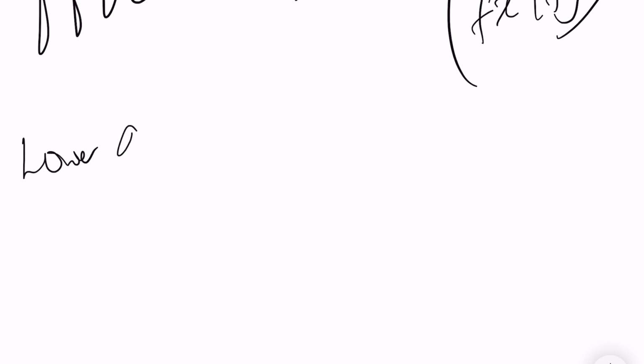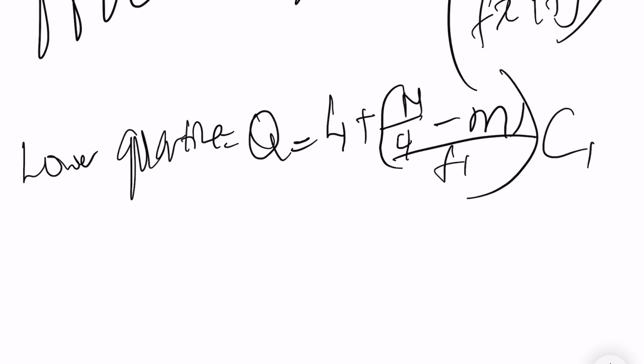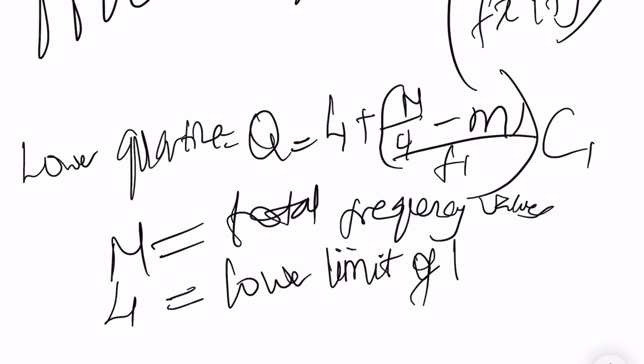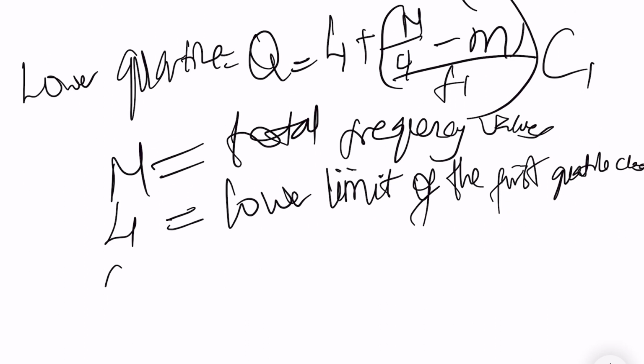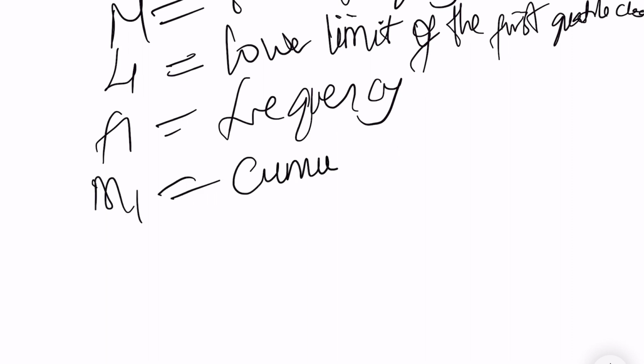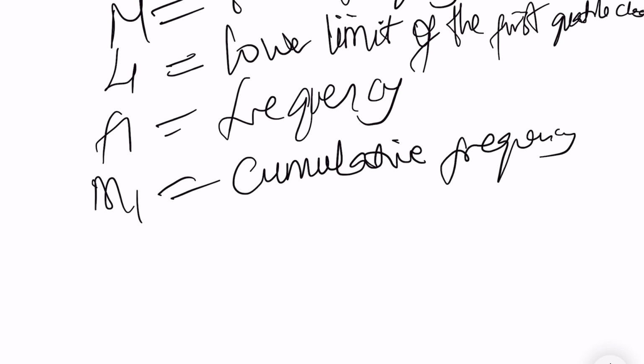The lower quartile is represented as Q1, which is L1 plus (N over 4 minus M1) over F1, times C1. Here N is the total frequency, L1 is the lower limit of the first quartile class, F1 is the frequency of the first quartile class, M1 is the cumulative frequency, and C is as usual the width of the first quartile class.